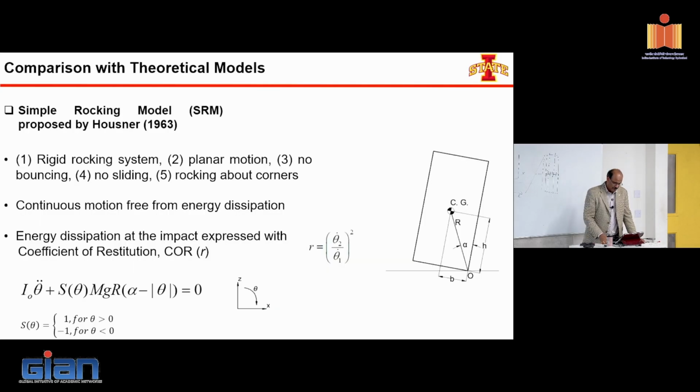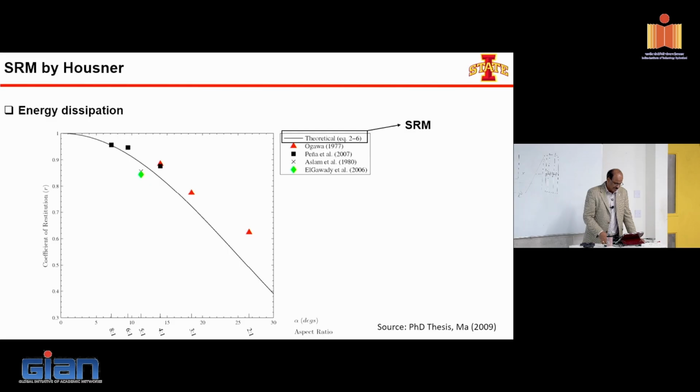And we looked at that based on how much more damping you need to put in. So the energy dissipation, the coefficient of restitution, the concept was established by Housner initially.